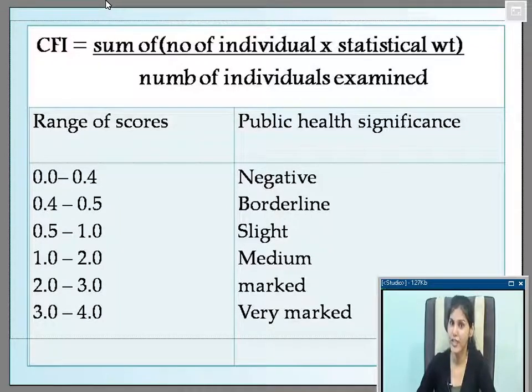Either, like I said before, you change the water supply, you dilute it, or you teach them defluoridation on a domestic or community basis. But when you have a CFI score of medium mark or very mark, you need to intervene to reduce the amount of fluoride that their progeny will be exposed to.